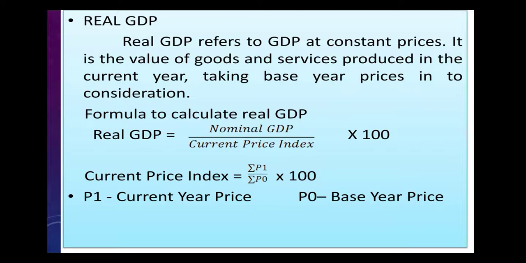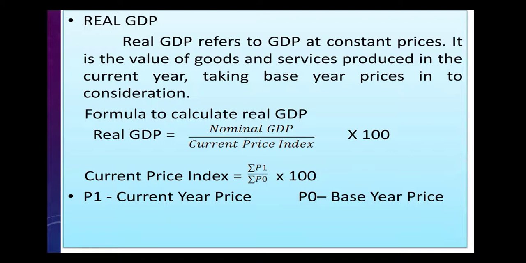Our next main topic here is real GDP and nominal GDP. Real GDP refers to GDP at constant price, and constant prices means the price of the previous year or the base year. So it is the value of goods and services produced in the current year, taking base year price into consideration.